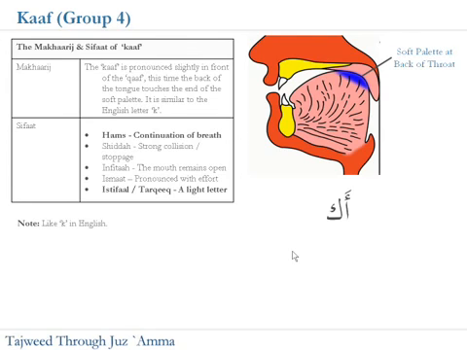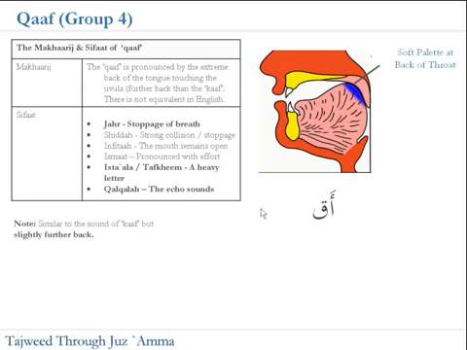So when you stop on the kaf when it's sakin, you have a continuation of breath. So it's ak, very natural sound. You don't have to overemphasize that. And it's a light letter. It's a strong collision, as in if we say ak, it's a sudden sort of collision and stoppage of the sound itself.